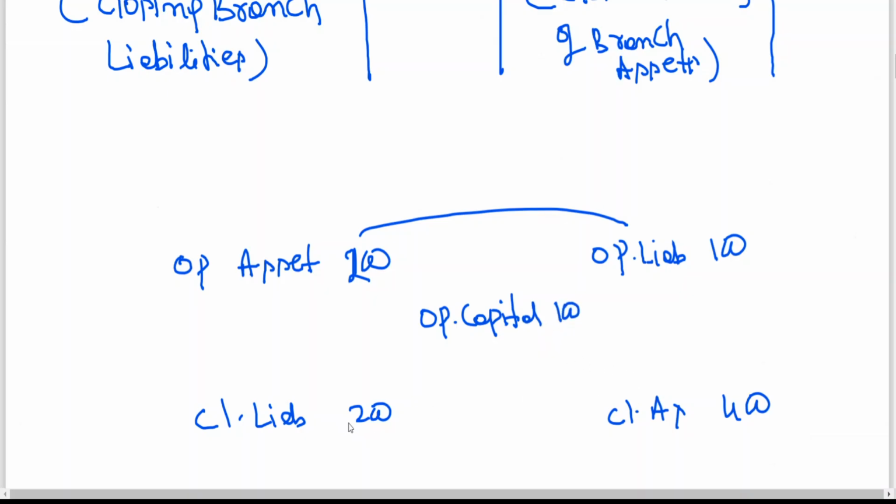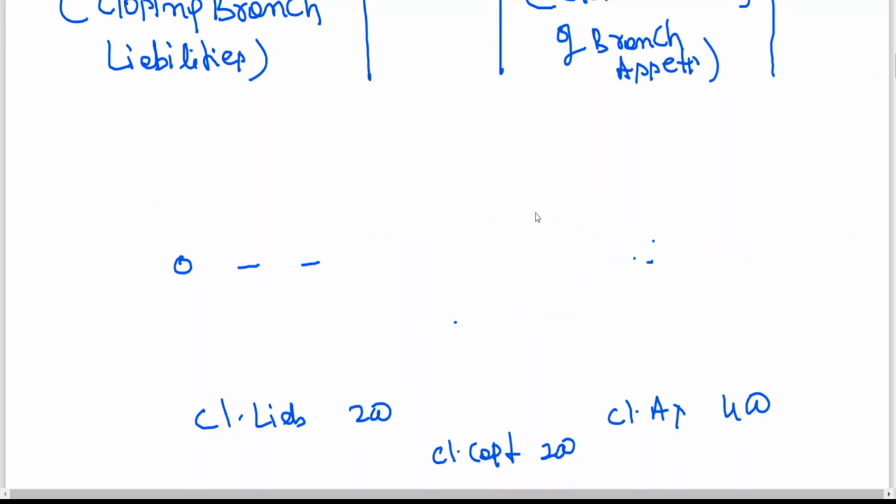Closing assets minus closing liability is closing capital. Closing capital minus opening capital is profit. Or 400 plus 100, 500, 500 minus 400, 100 rupees profit. This is the logic I am trying to explain. You don't find this in the books, so this is the reason how they try to find out.